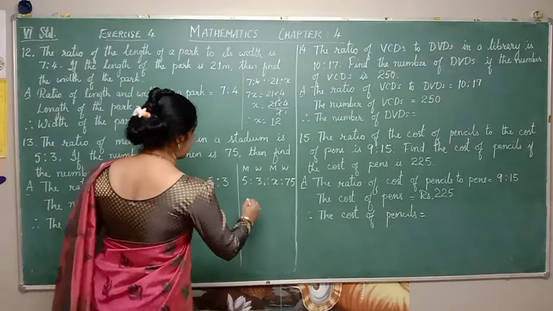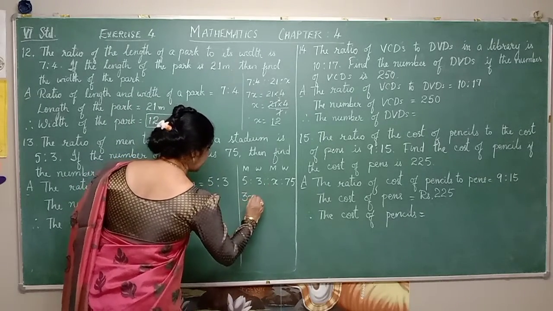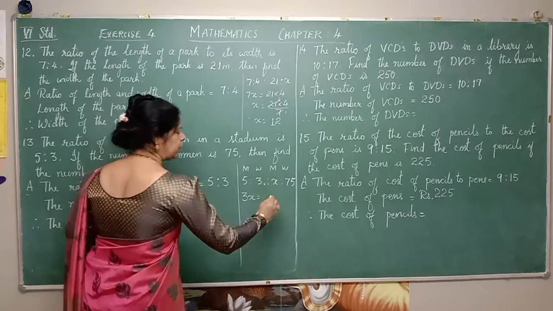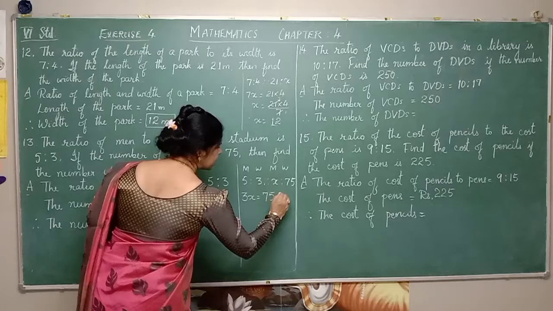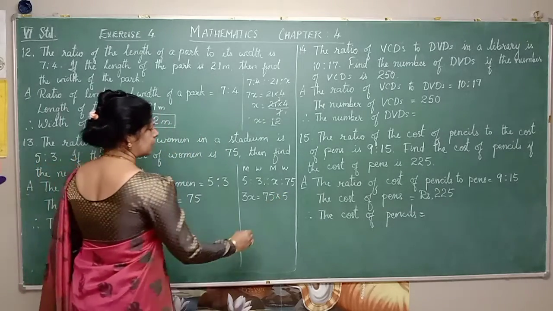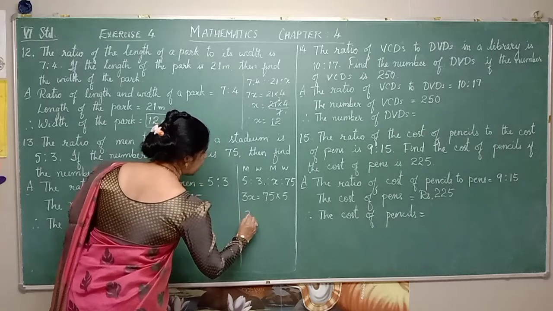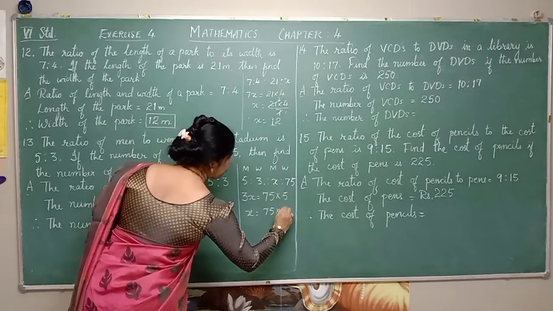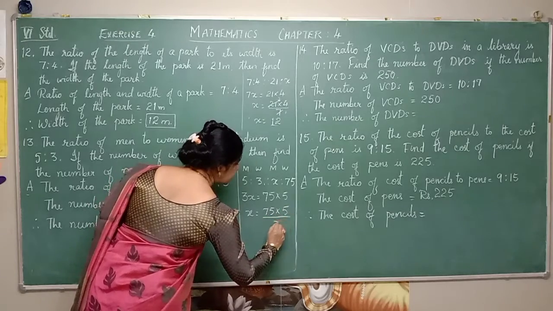So you write 3X is equal to 5 into 75, or 75 into 5. Both are the same. Clear? Now the next step will be X is equal to 75 into 5 divided by 3.